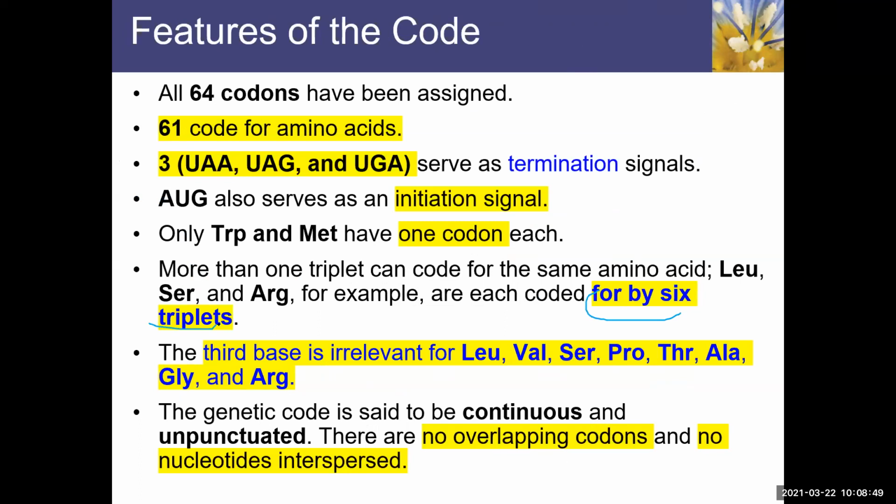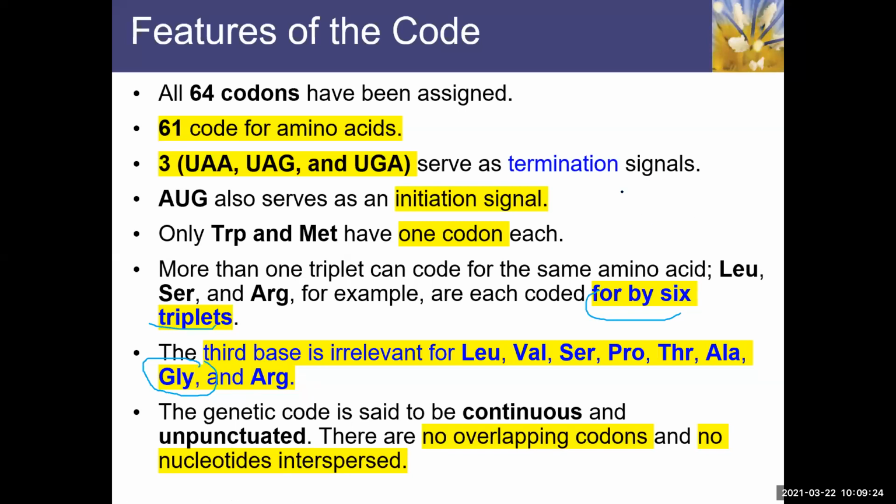That's perfectly okay. Or even glycine is also one amino acid which has 4 codons, but that's okay. This is called degeneracy of the code. But the important thing is, even if I have 6 codons for serine, you will see that the first 2 bases in the codon will always be the same.